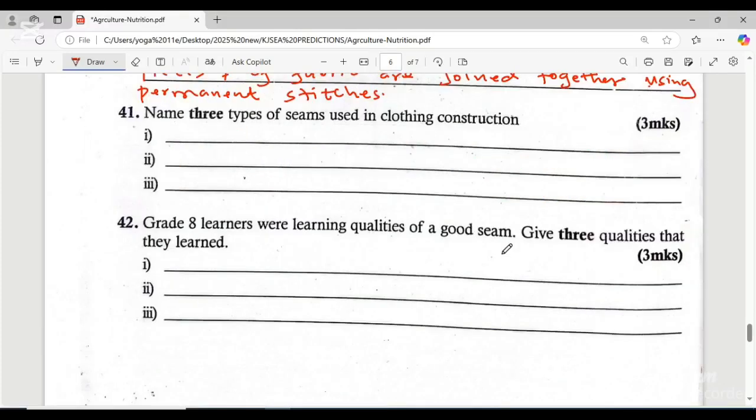Name types of seams used in clothing construction.